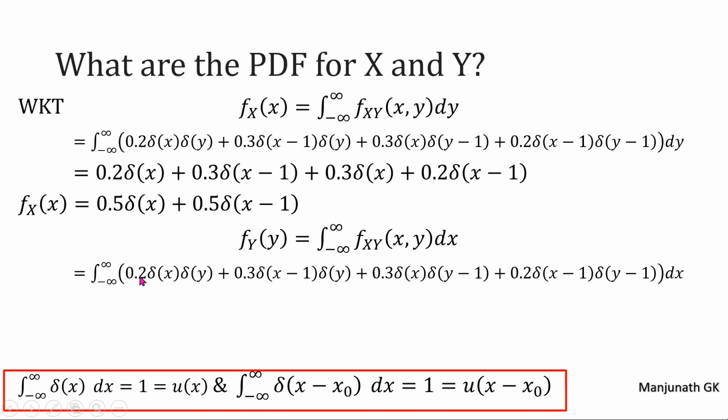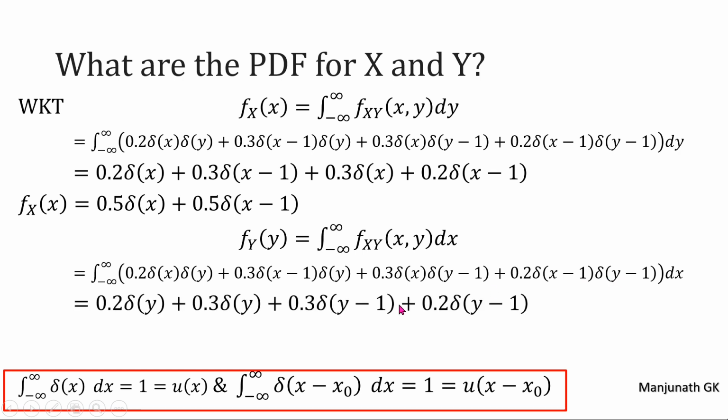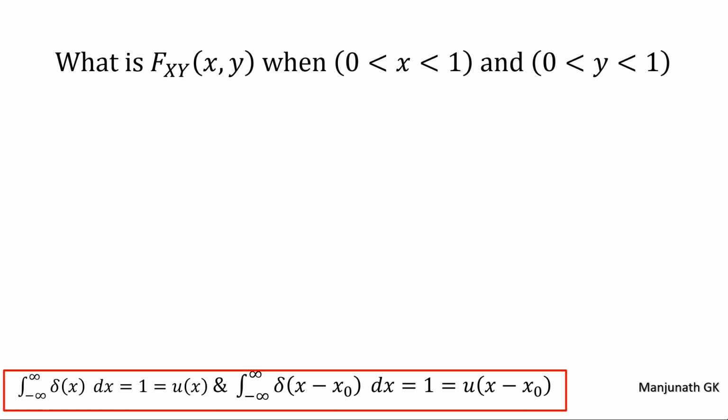From the first term, only 0.2 and delta y are remaining. From the second term, 0.3 and delta y are remaining. From the third term, 0.3 and delta of y minus 1. From the last term, 0.2 and delta of y minus 1 are remaining. As a result, after simplification, 0.5 delta of y plus 0.5 delta of y minus 1. Right. Next, calculate the bivariate cumulative distribution function when x and y vary from 0 to 1.